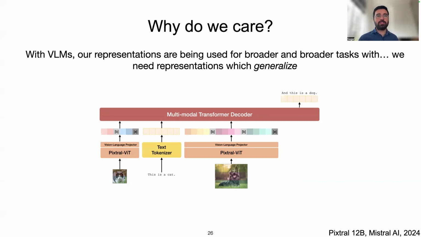However, in practice, the problems that we encounter are exactly the same. This is a figure from our Mistral paper, our VLM last year. Still in these VLMs, at the core of it, as I said, is this vision transformer with this visual representation, which then allows the VLM to reason broadly over the image.